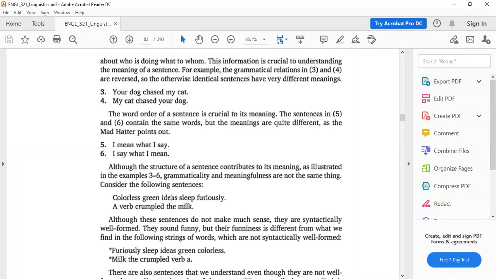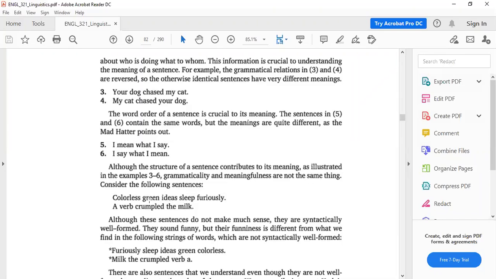Another problem is that ideas, in reality, here, forget the metaphorical meaning. We are talking about normal or regular usage. Ideas don't have colors, right? We say this is a good idea, this is a bad idea, but we don't say this is a green idea.